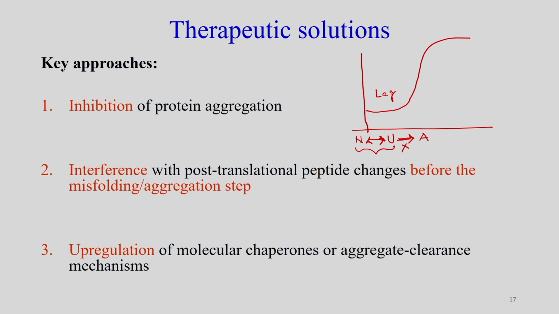The second option may be, if you add an inhibitor here at the unfolded state, then this particular intermediate can bind to the inhibitor, so that there is no binding site available for the monomeric protein to the nuclei, so that the formation of aggregates can be avoided.